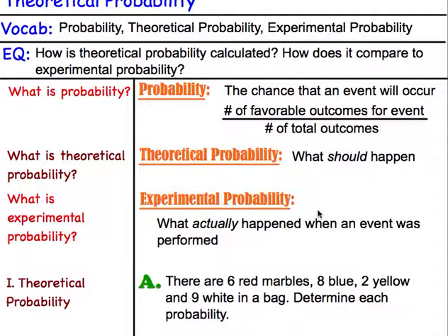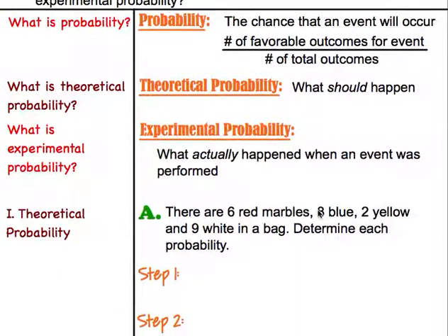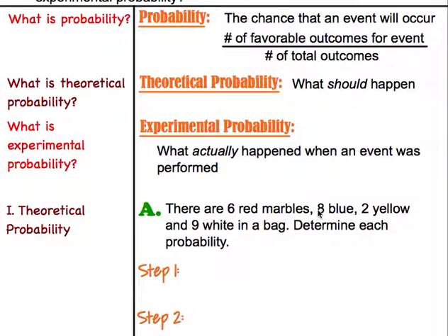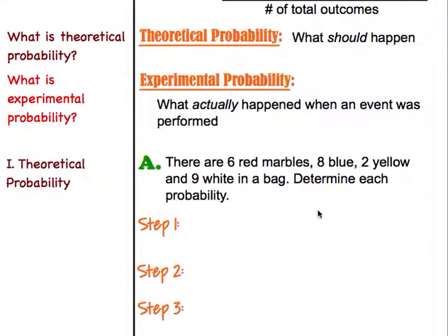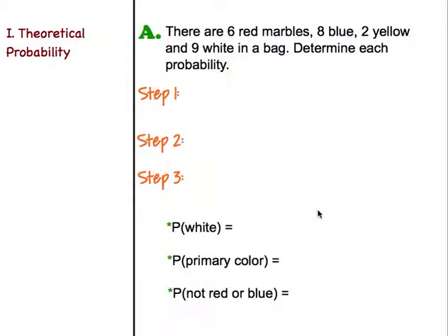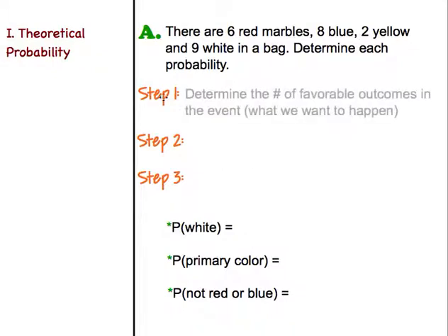So let's take a look at the first example, which is that there are 6 red marbles, 8 blue marbles, 2 yellow marbles, and 9 white, all in a bag, and we want to determine each of these probabilities listed below. The first step is to determine the number of favorable outcomes in the event, what we want to happen.